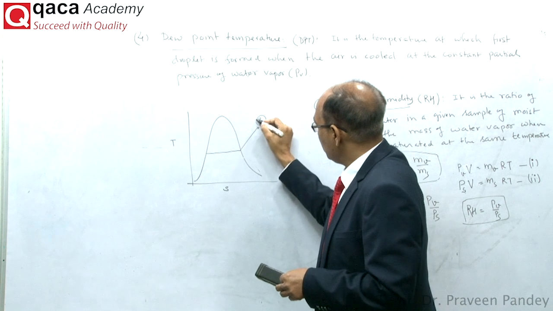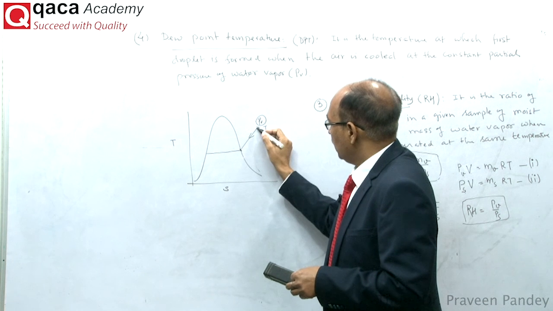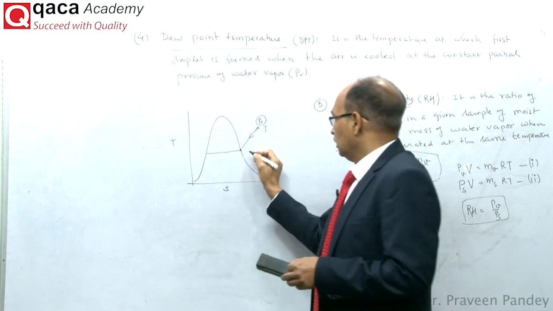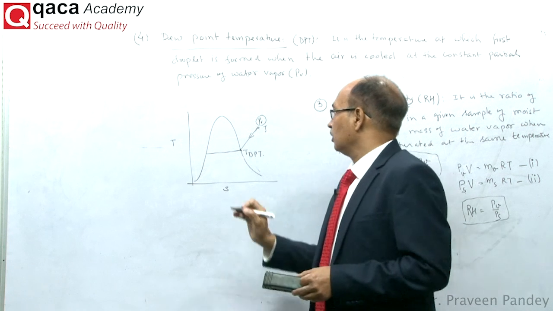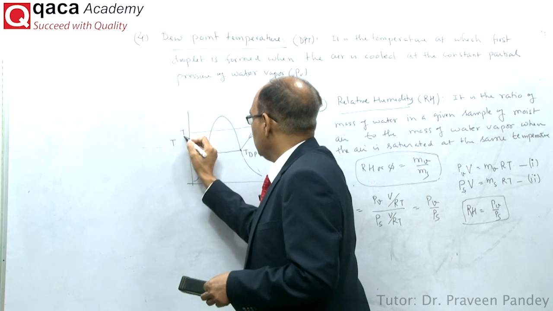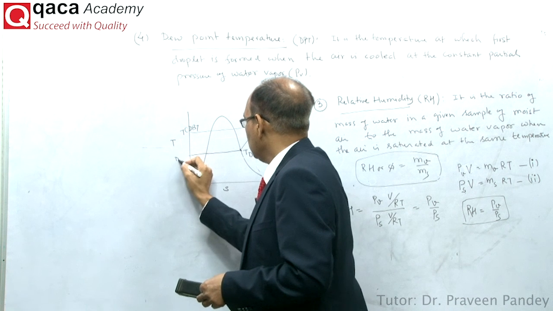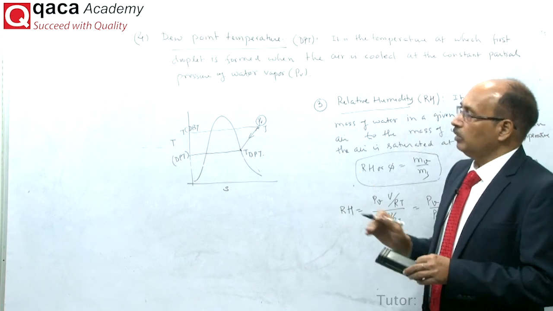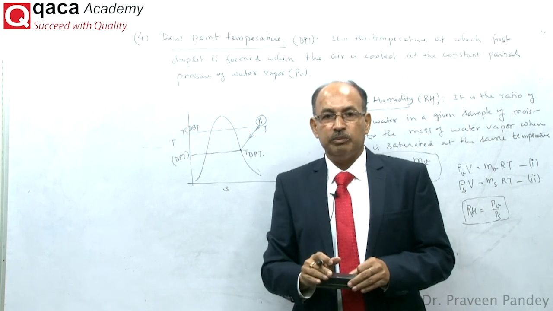At this pressure, cooling is done, and the temperature at which this constant pressure line intersects the saturation curve is called dew point temperature. So, we can see here it is T, which is DBT, and this temperature is DPT, or dew point temperature. So, in this session we discussed 4 psychrometric properties. In the next session we will discuss the remaining properties. Thank you.